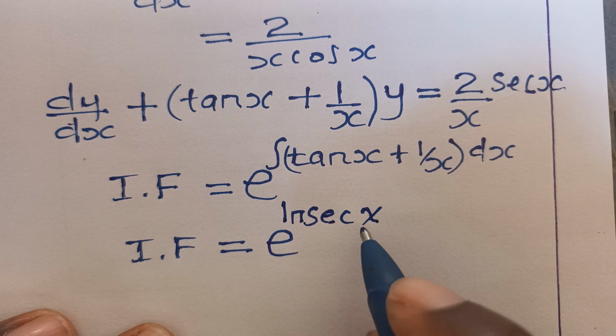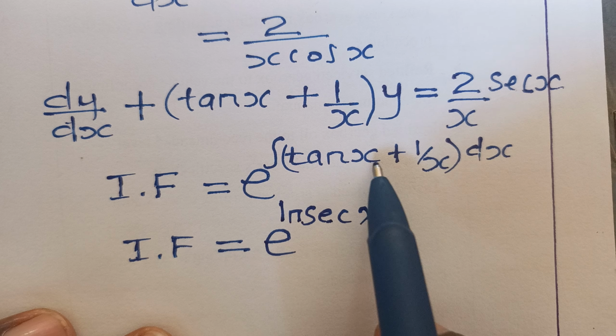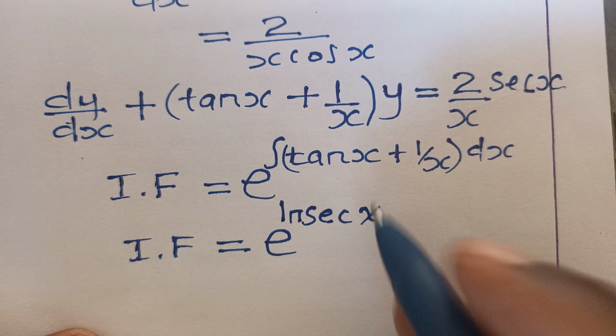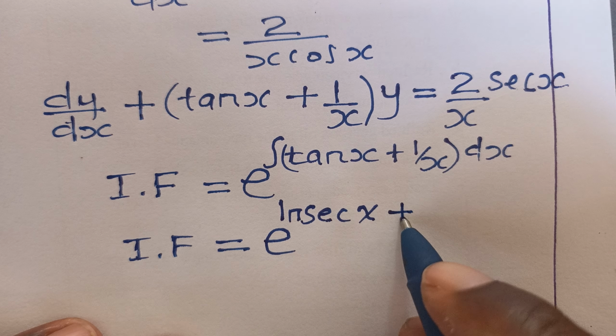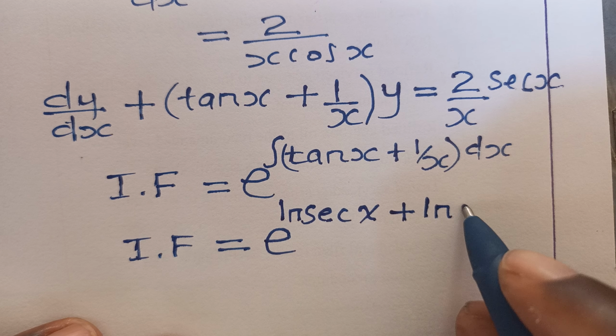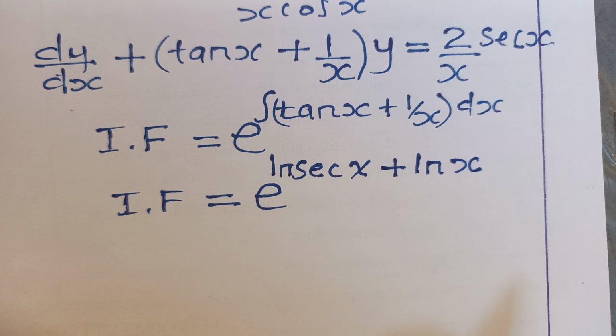You can check on mathematical tables: the integral of tan x is natural log of sec x. Now plus the integral of 1 over x is natural log of x. And so guys, this is what we have.